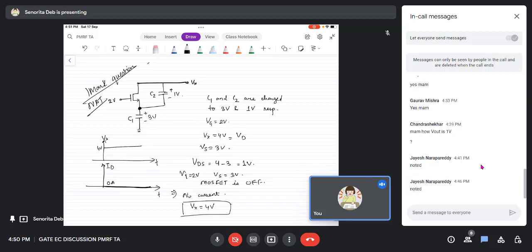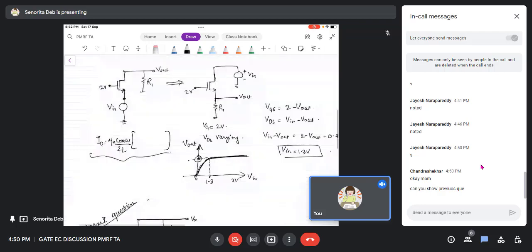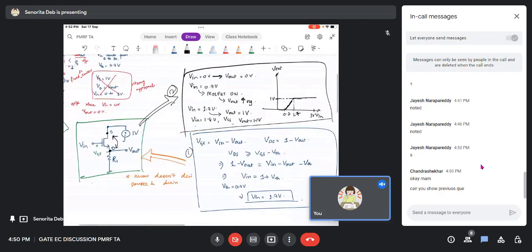Chandrasekhar had asked how Vout is 1 volt. So for that earlier question, Chandrasekhar, just go through that solution once and try to analyze it, and in the next class we will discuss. I'm sure you will be able to understand why it is getting constant at 1 volt. Same for everybody. If you have not understood, try analyzing it. We will discuss it in the next class. Okay, if you want to see the previous question, it is here.